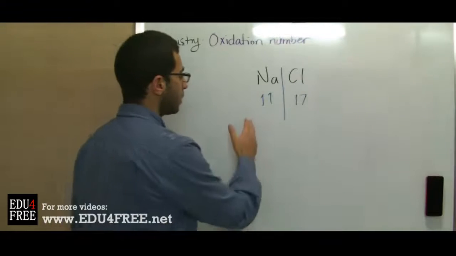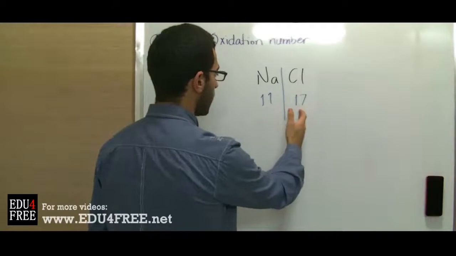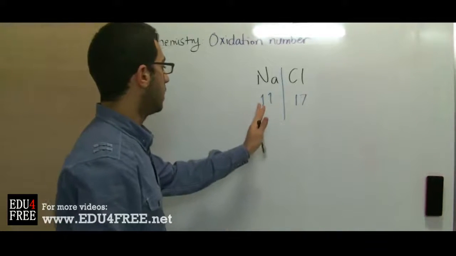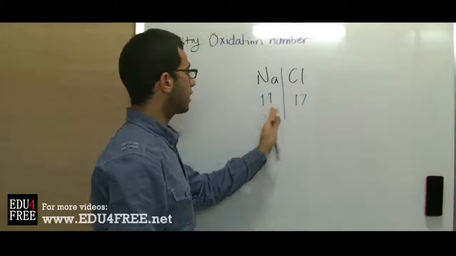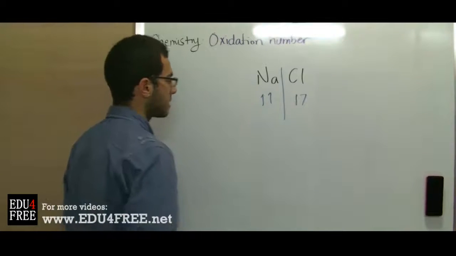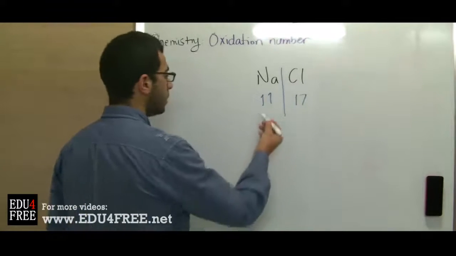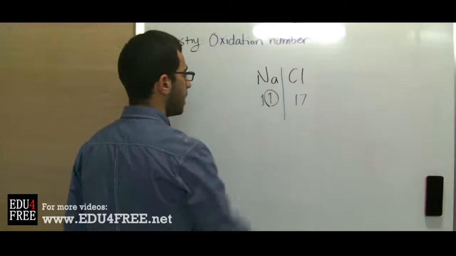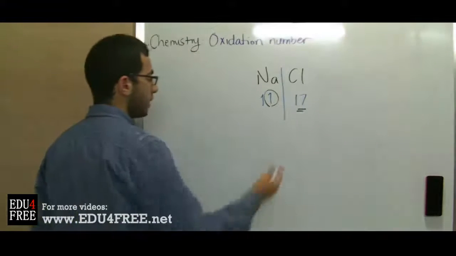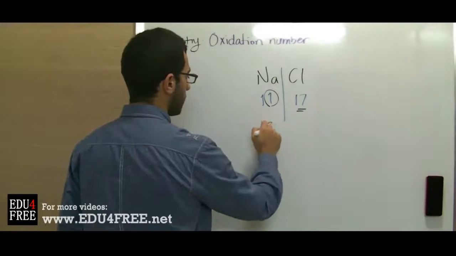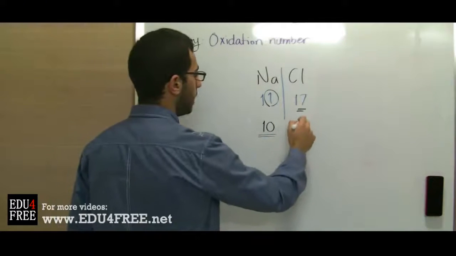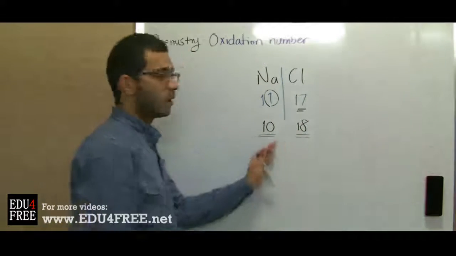So in order to form sodium chloride, the ionic bond between the metal and the non-metal, what happens is sodium loses 1 electron and chlorine gains 1 electron, so that the electronic configuration becomes 10 electrons for sodium and 18 electrons for chlorine.